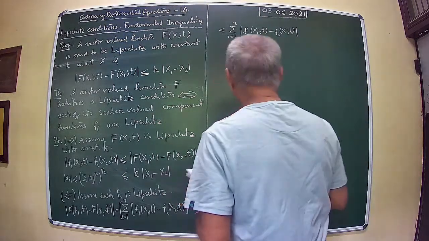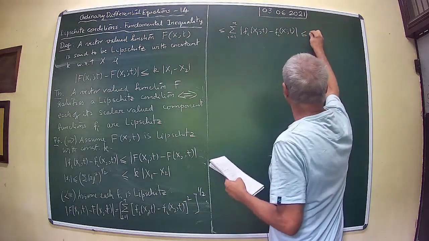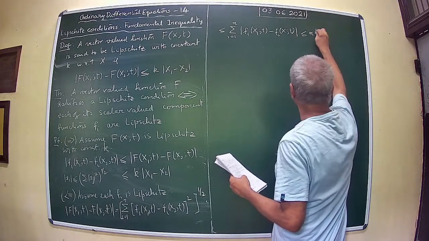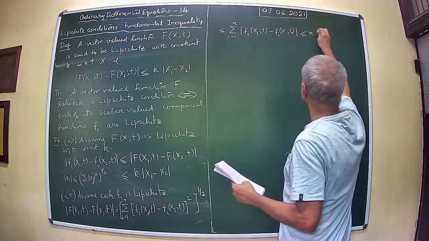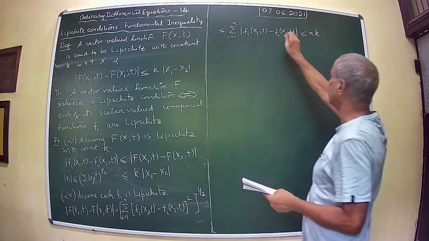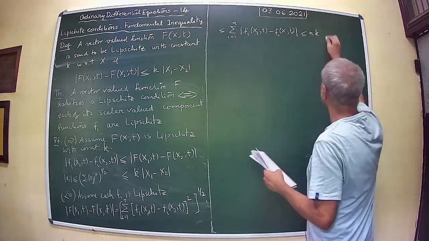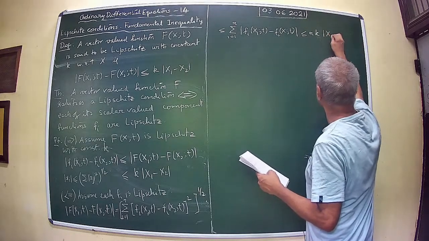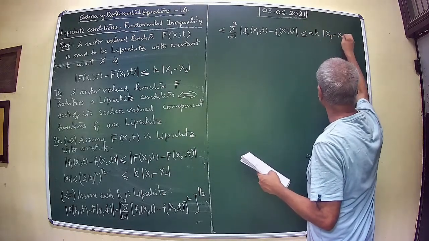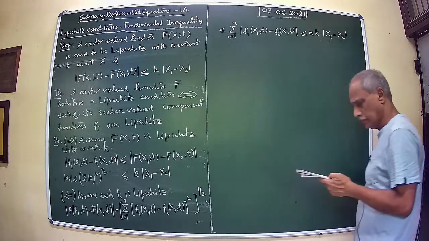And this is less than or equal to n times k, because each one is Lipschitz. Therefore, you have n times k times the norm of x1 minus x2. So that completes the proof.